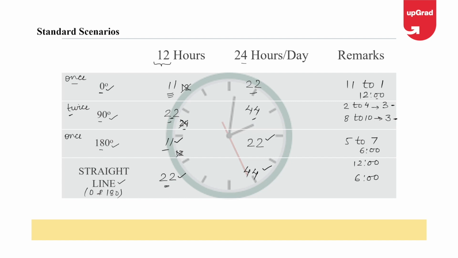I hope this video clarifies most of your doubts on clock while we are figuring out time based on the angle given to us. In a few more videos based on clock, we will talk about the error clocks, or the questions which talk about the losing and gaining of time.